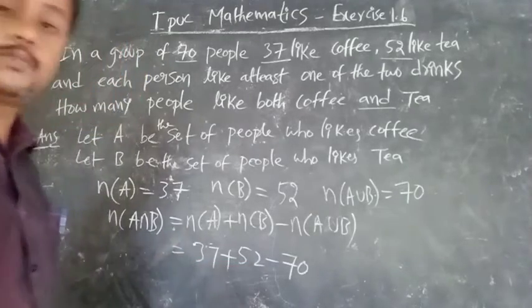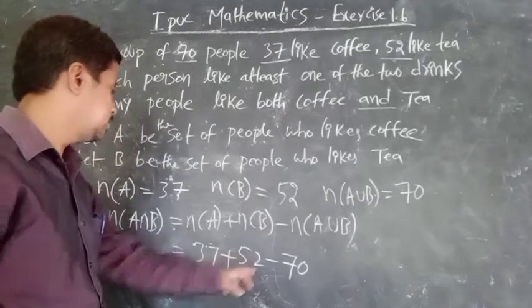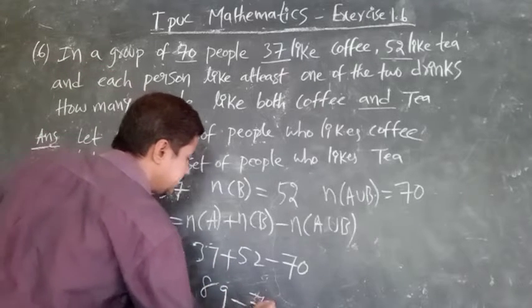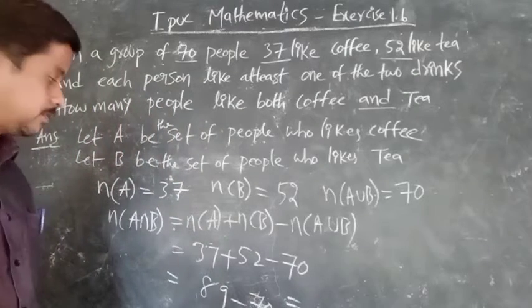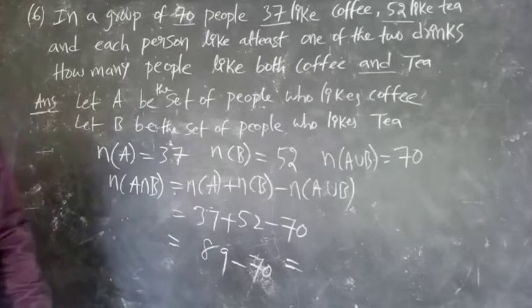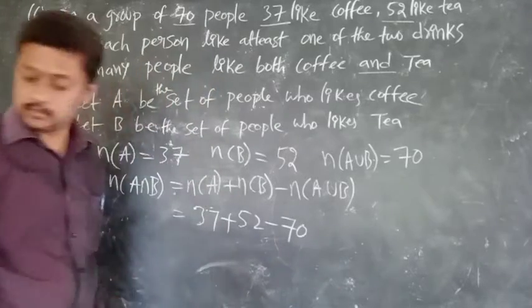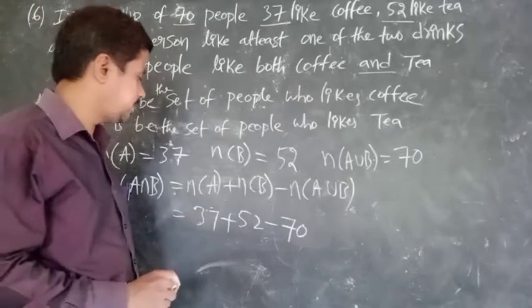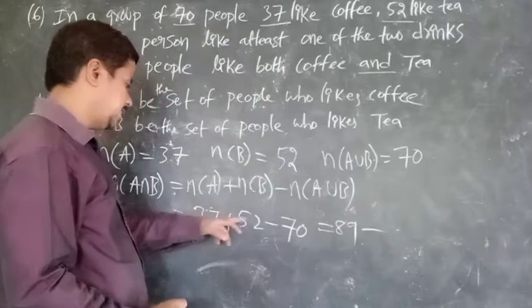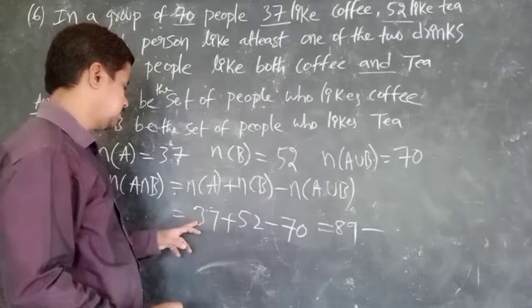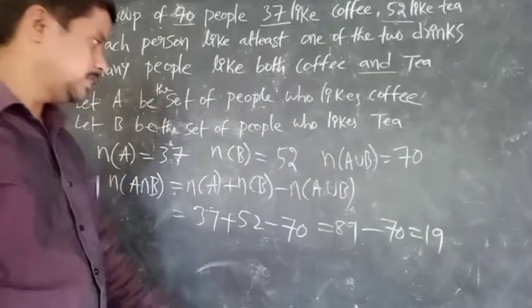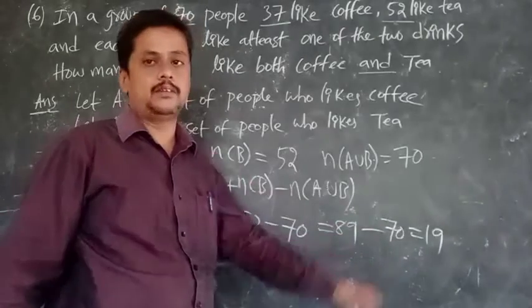37 plus 52 is 89. 89 minus 70 is equal to 19.